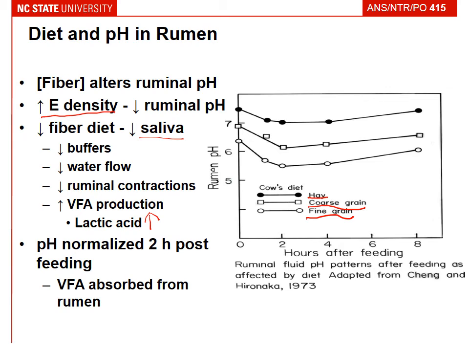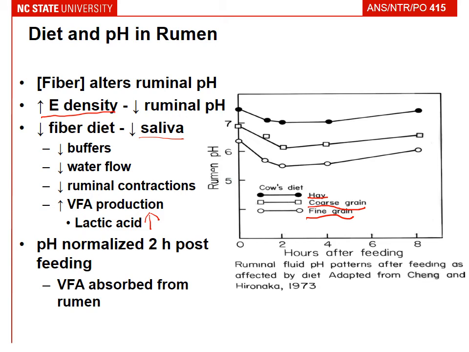So the cows were fed either a hay diet, coarse grain, so it's going to be corn that's just rolled corn or rolled oats, and then we have fine grain. So these are going to be finely ground and then incorporated into the diet. So the cattle that were provided the hay, they always have a pH greater than 7 throughout this whole thing.